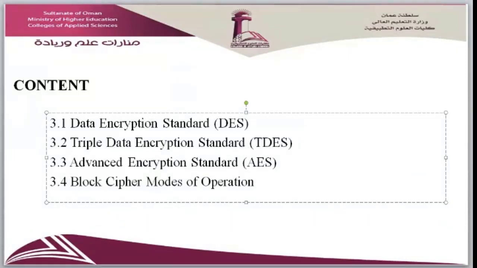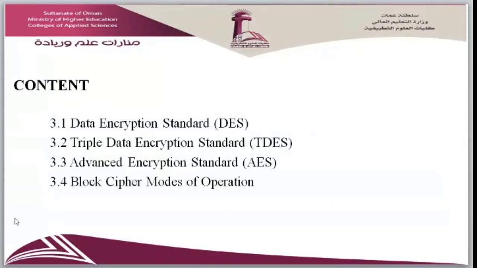It is used in many applications, starting from Wi-Fi networks. AES is a very popular symmetric key encryption algorithm nowadays. This is a small introduction to what we are going to study in this lecture.